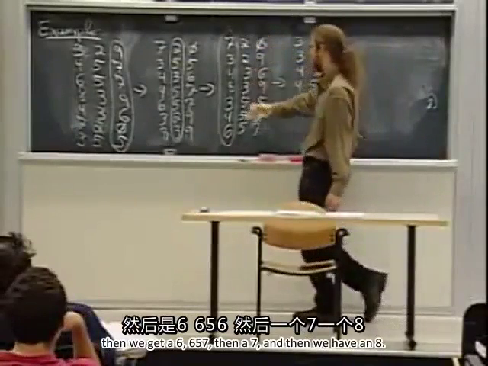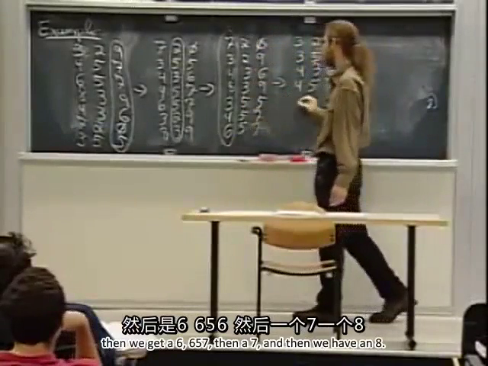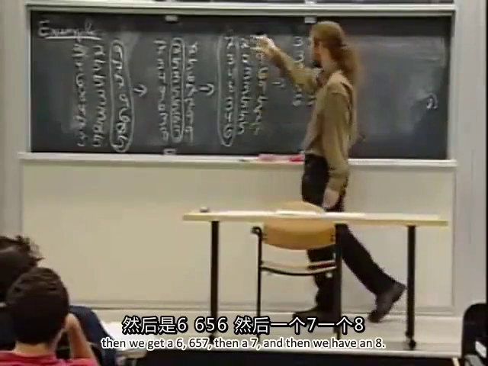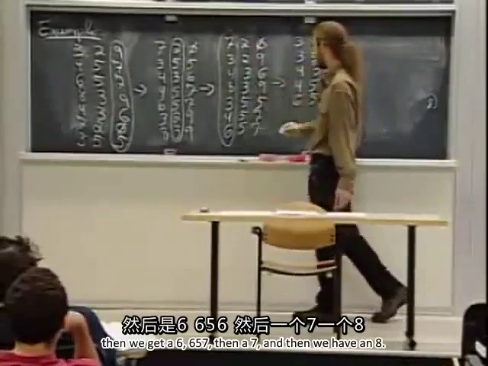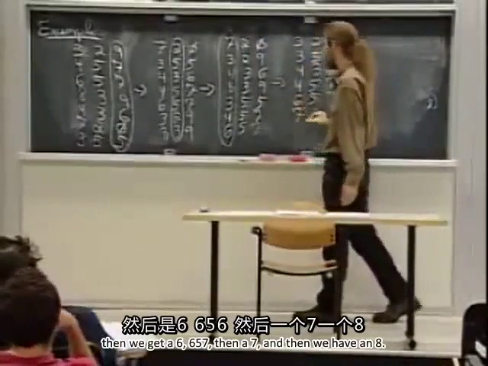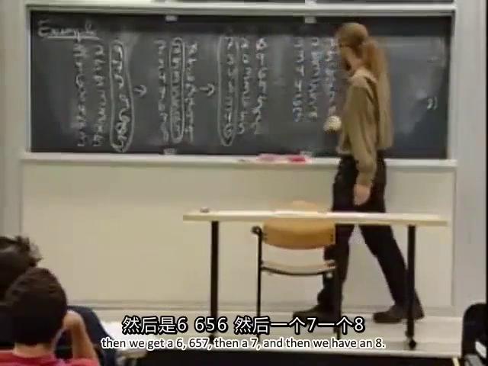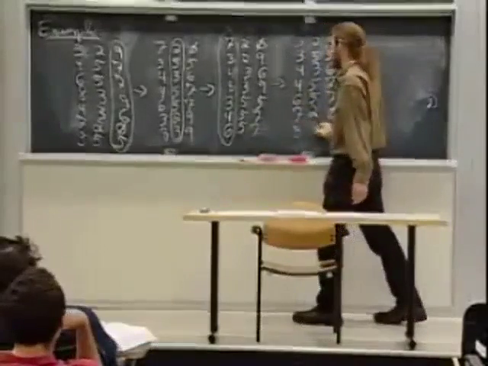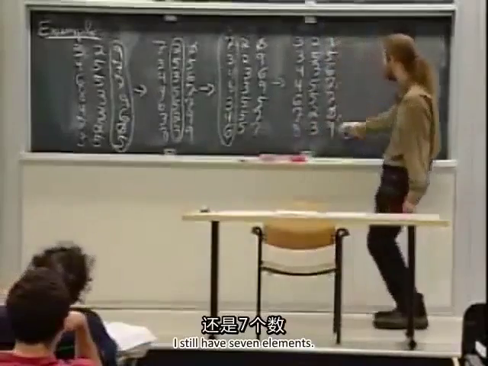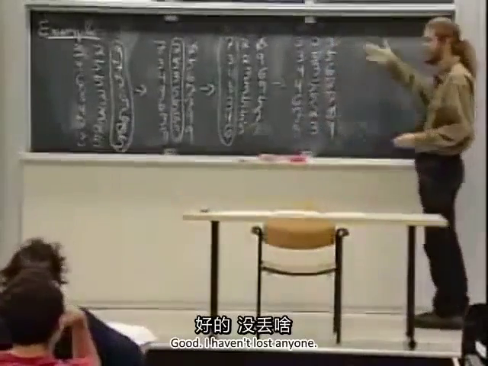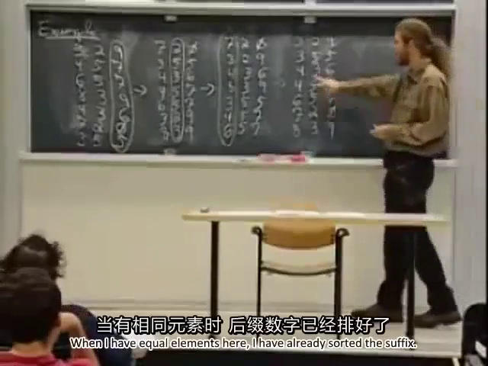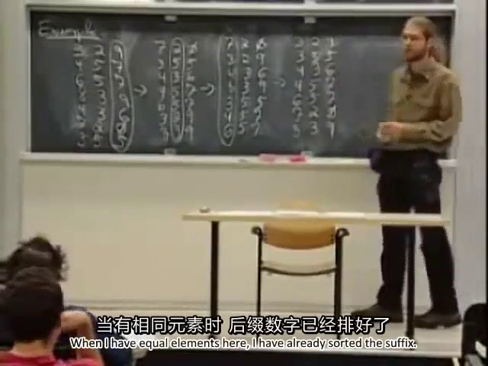Then we get a 6. 657. Then an 8. No, 7. Whew, that was close. And then we have an 8. And check, I still have 7 elements. Good, so I haven't lost anyone, and indeed, they are now in sorted order. And you can start to see why this is working. When I have equal elements here, I've already sorted the suffix.